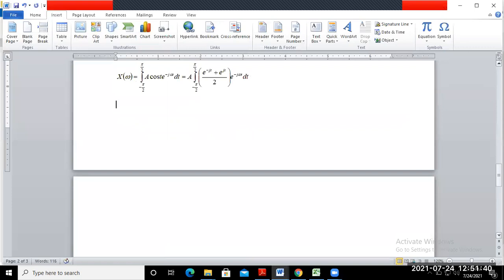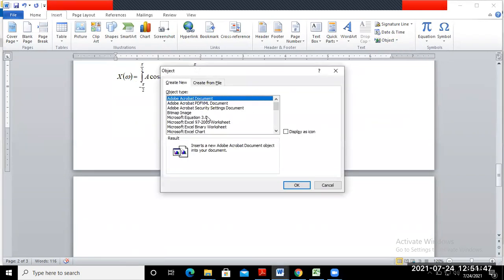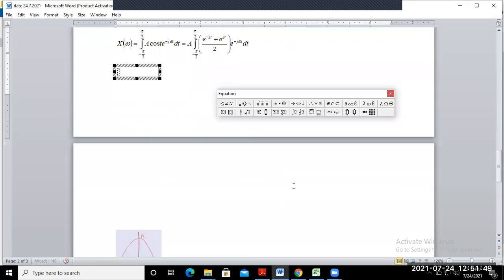Okay. So X(omega) can be written as: the constant term is taken outside of this one. So these two also may be taken outside of this integration, okay, limit.